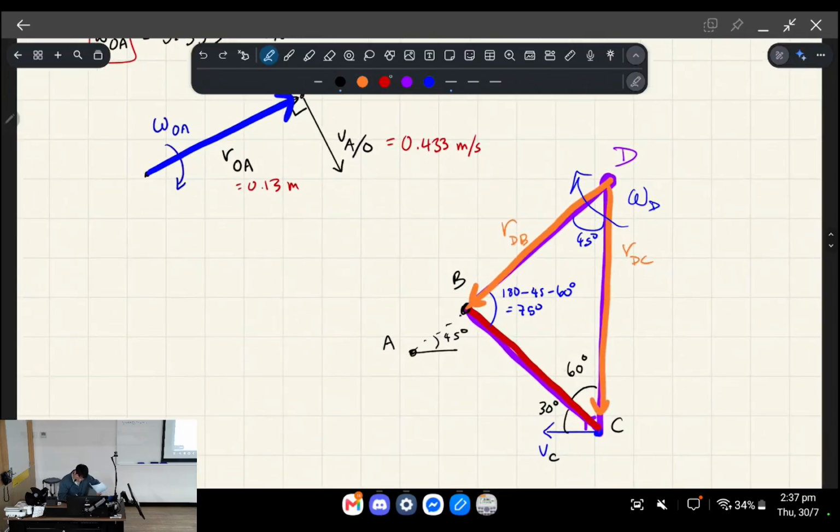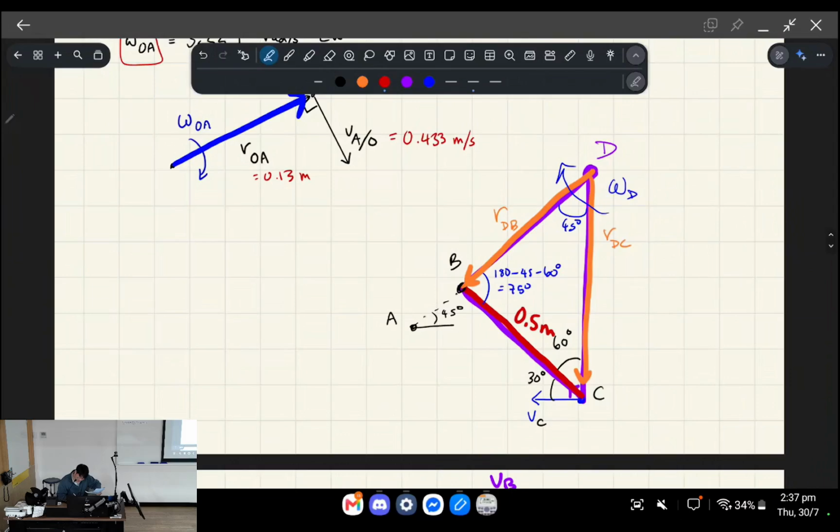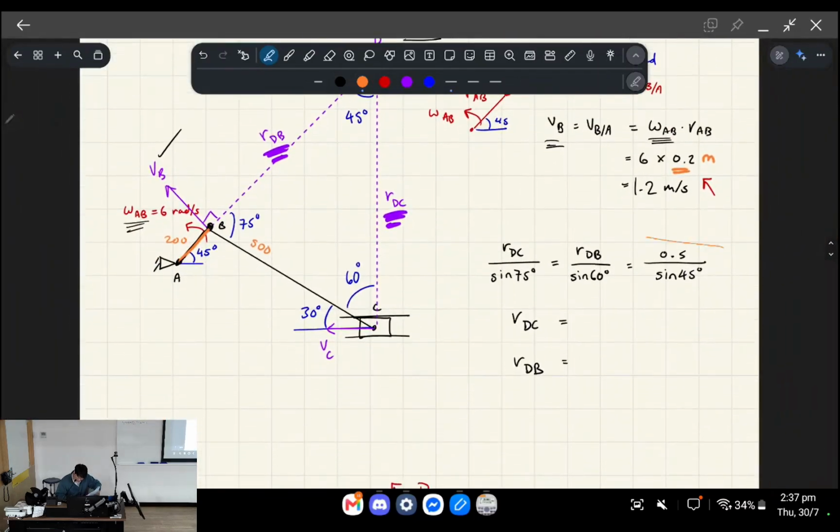And the way that we do that is knowing that this rod is 0.5 meters long, right? And then we also know the angles, and therefore we can use the sine rule, right? So the sine rule relationship is this, okay?